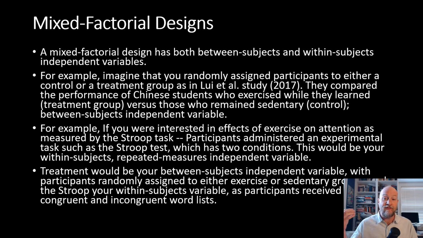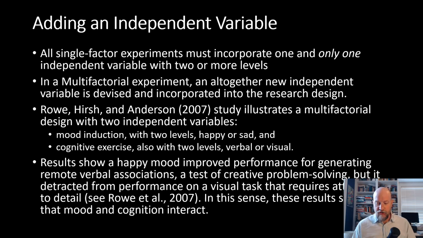If you can include at least one within subjects variable in your design, well, then you're getting an additional point of data at every level of that independent variable from each individual. So mixed factorial designs allow you another technique, another tool for creating an elegant design for your research study, to look at things in a way that makes sense based upon your theory and based upon your resources, what you can do.